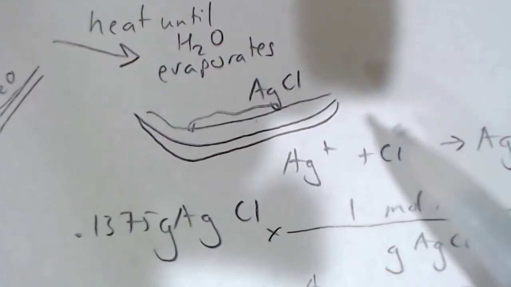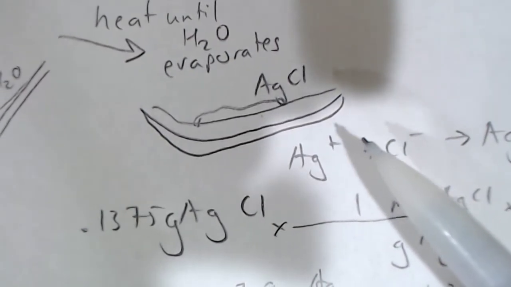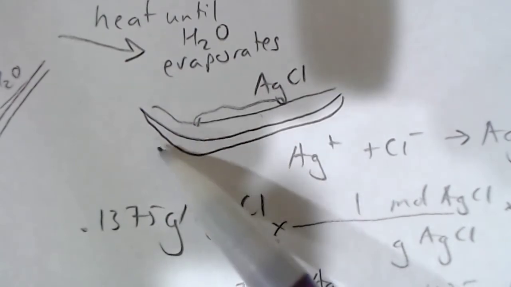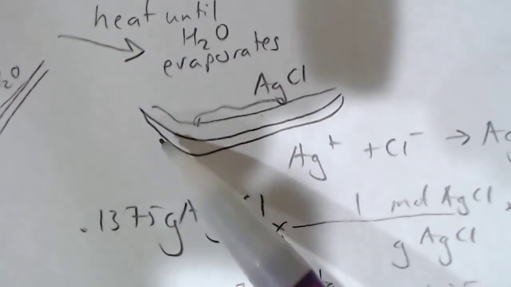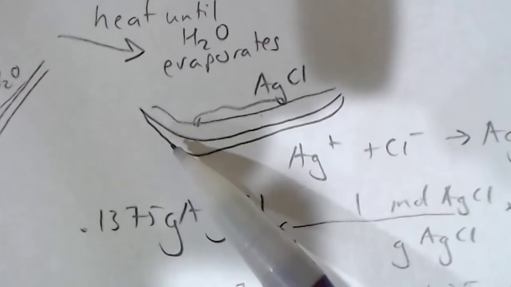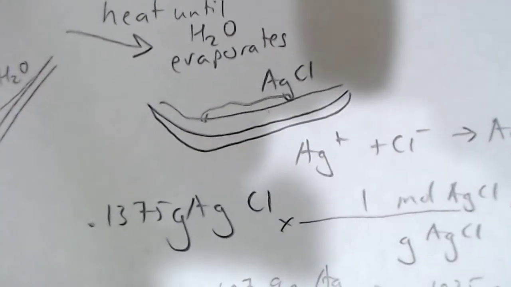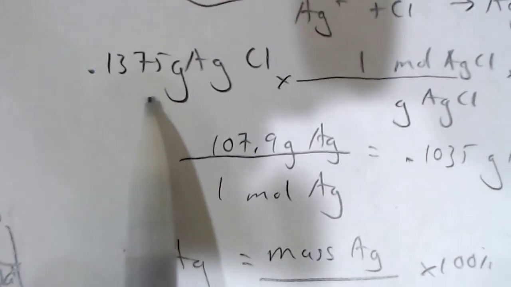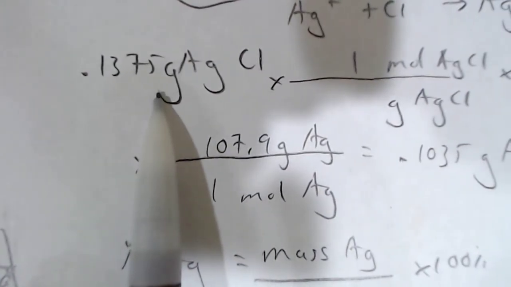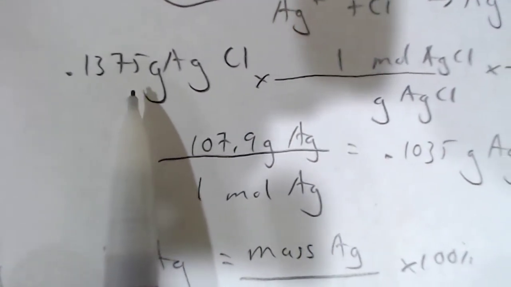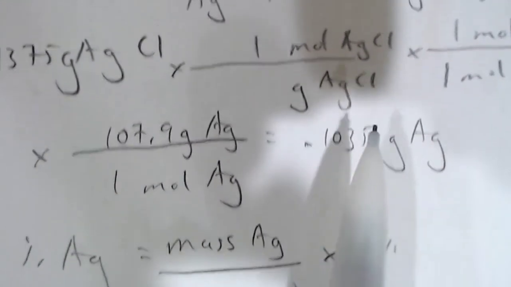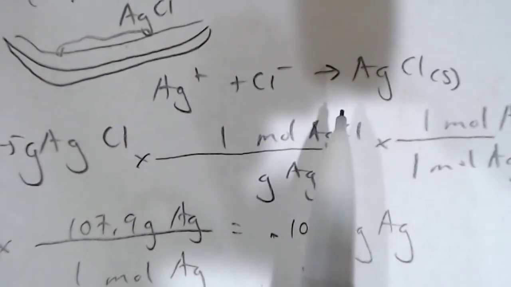So hopefully now you can find the difference in mass between the original filter paper and watch glass, and now the mass of the filter paper, watch glass, and silver chloride to find just the mass of silver chloride. And now you can convert that into grams of just silver, knowing the net ionic equation for the precipitation.